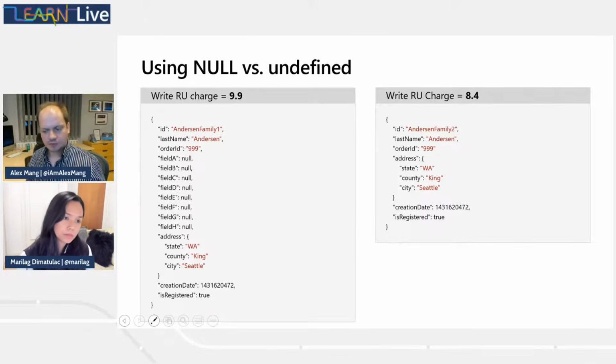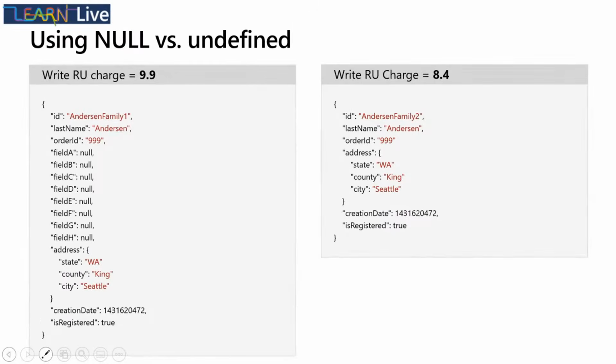So a large number of null values in an item can be a signal that the data model can be further optimized, of course. But the advantages of not explicitly defining null value properties are going to be most obvious if you examine the RU charge of an item with a high number of null value properties. So for instance, consider the two items that you have here.